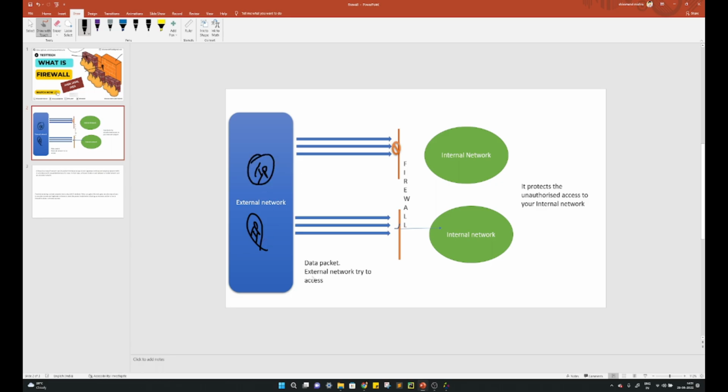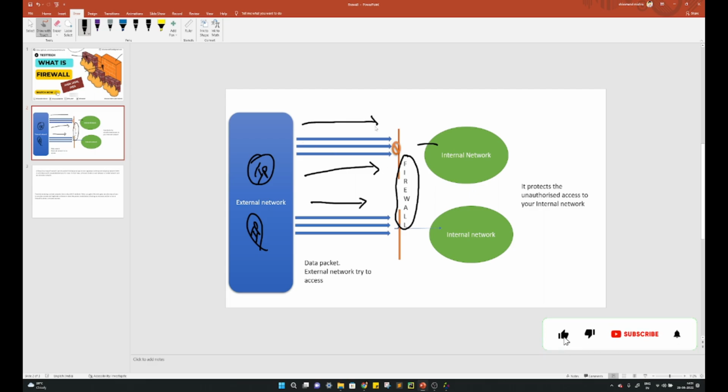So whenever we try to access something, understand this, at that time a firewall exists in some network. They use a service called a firewall, which checks whether our network is legitimate to access the internal network.